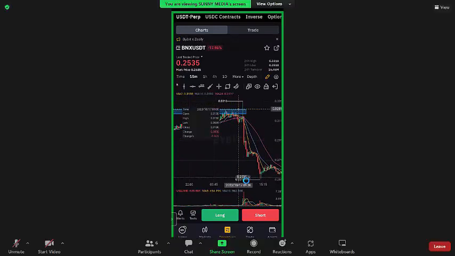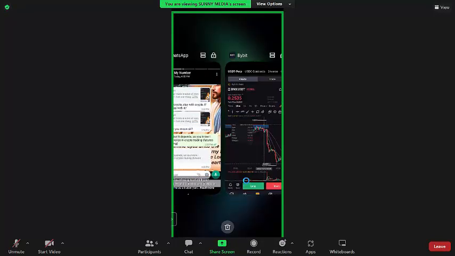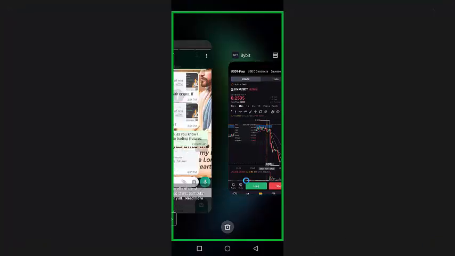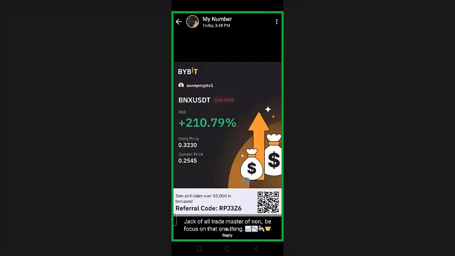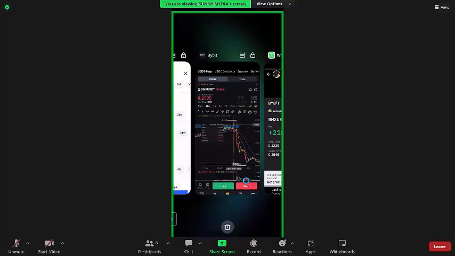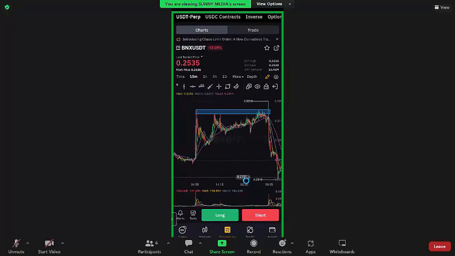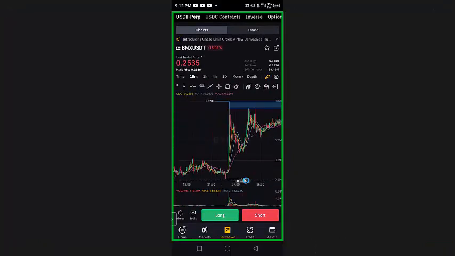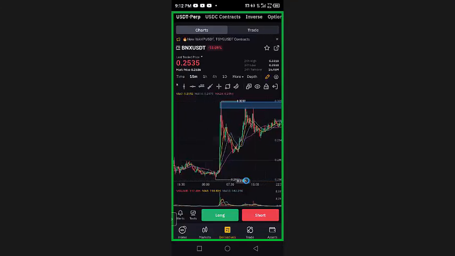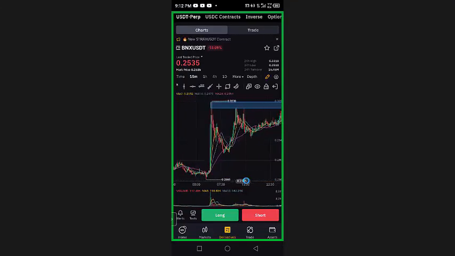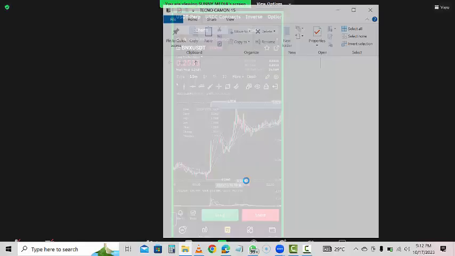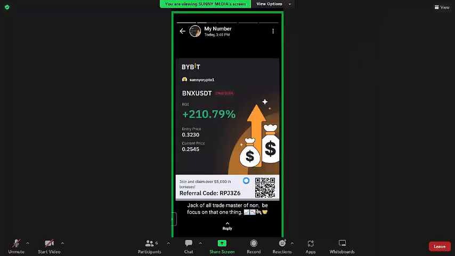As you can see, my entry was 0.3230, which means that if you go to this first one that formed, exactly the same closing amount that happened here was what I used as the limit. As you can see here, 0.32, the entry is 0.32.